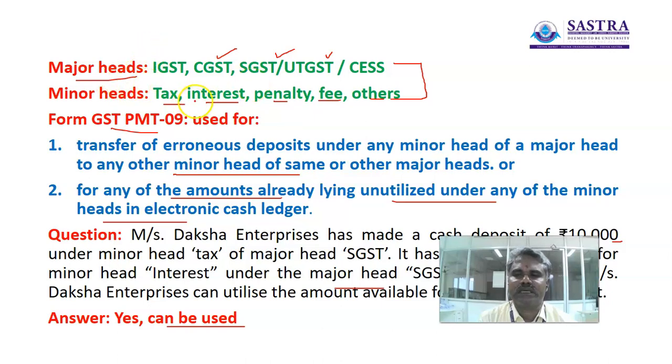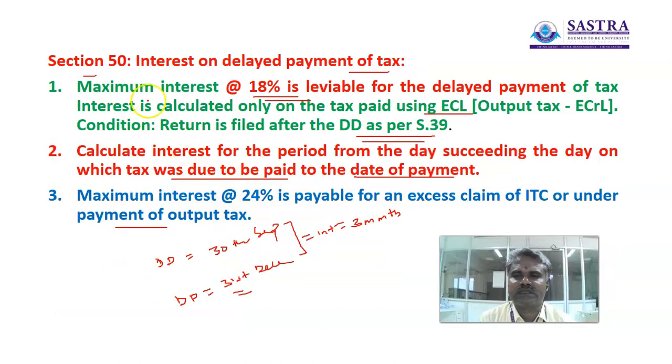These are the major and minor heads already discussed. But whenever you have to pay, you have to use GST PMT-06 in the following cases. Interest on delayed payment is very important. Whenever you are paying tax late, you have to pay 18% interest.